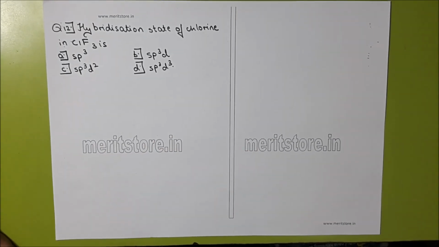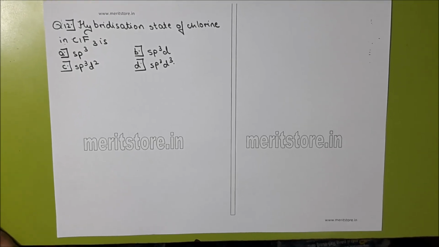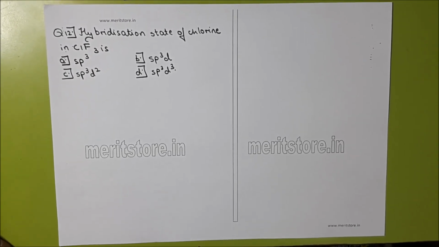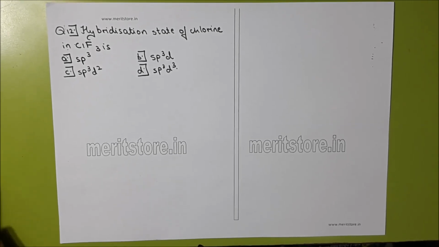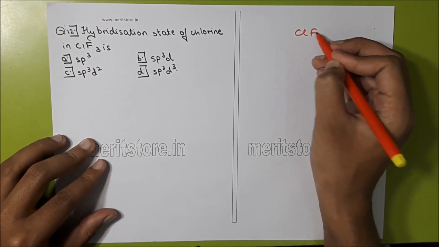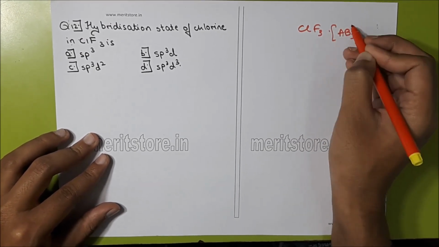Question number 12. The hybridization state of chlorine in ClF3 is: A, sp3; B, sp3d; C, sp3d2; D, sp3d3. Okay, ClF3 is a molecule of AB3 type.